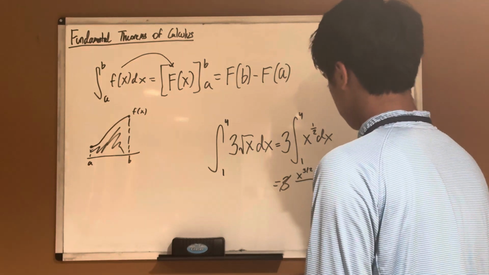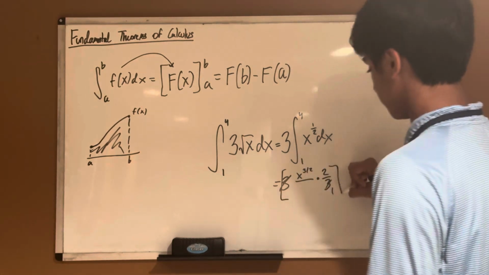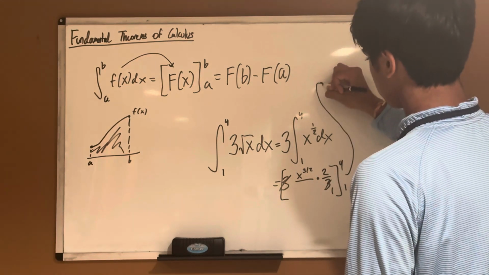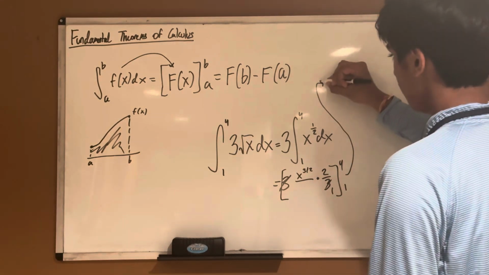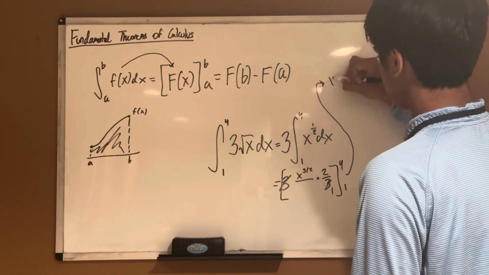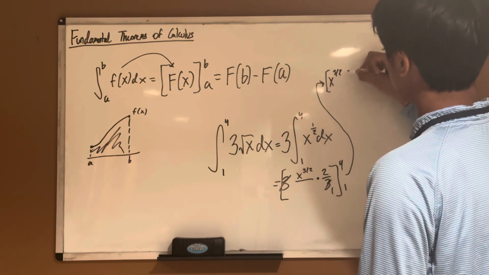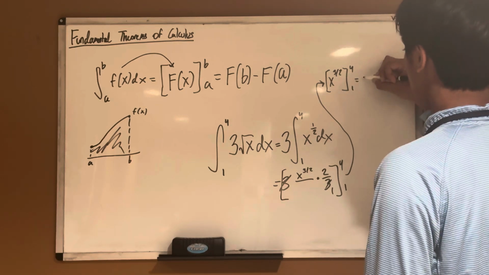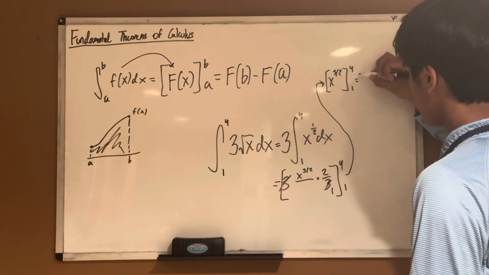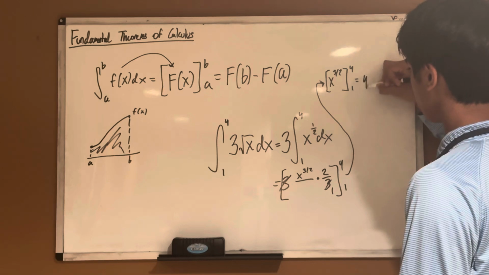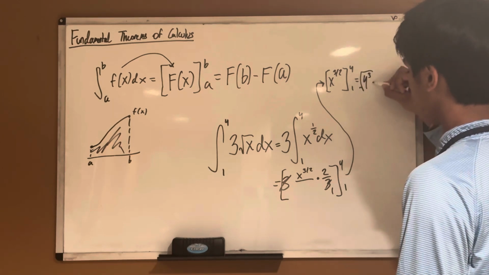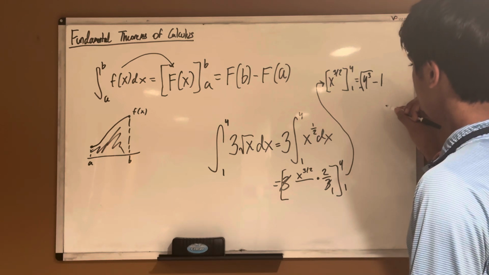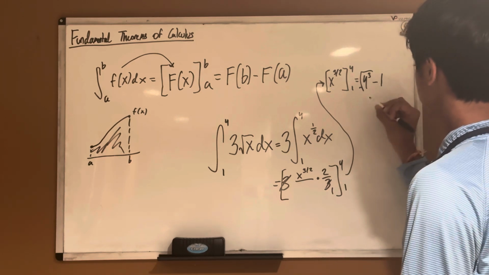Again, we have to put this inside the bounds from 1 to 4. What this ends up being is 2 times x to the 3/2 from 1 to 4, which is the same thing as 2 times 4 cubed square root minus 1, which is equal to 14.